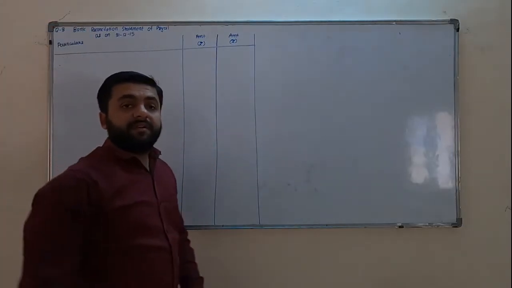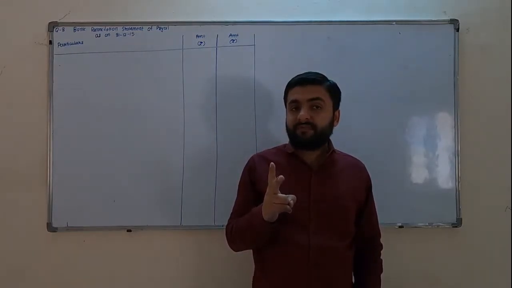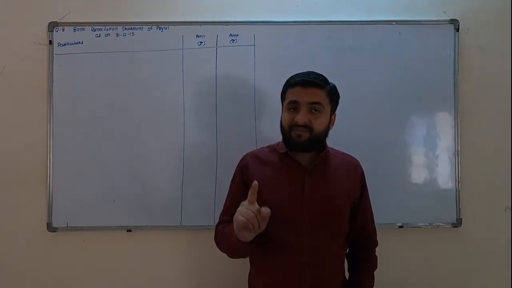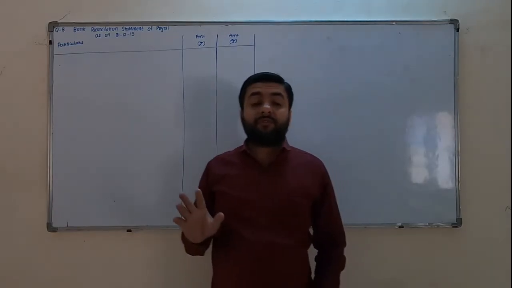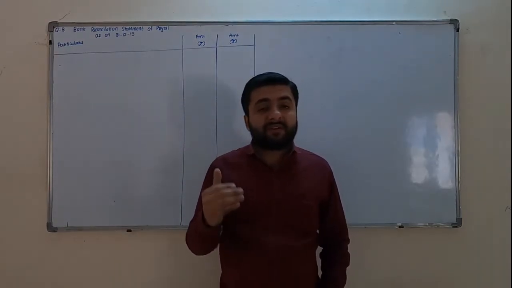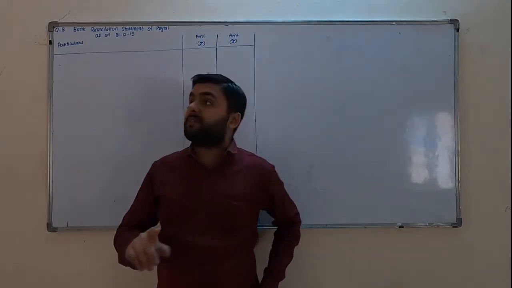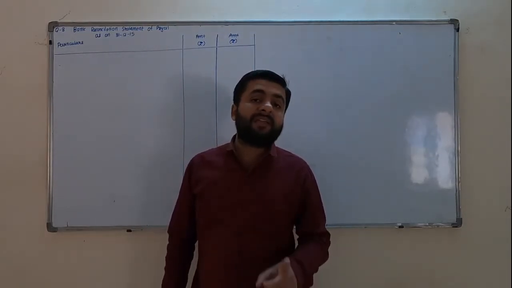And remember, here in the starting of the question, two balances are given. Bank overdraft as per passbook on 31st December and bank overdraft as per cash book on 31st December, and bank overdraft as per passbook on 1st December. But we are preparing it on 31st December, so we cannot use the balance of 1st December.